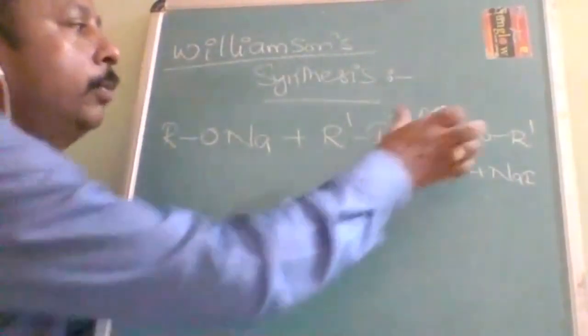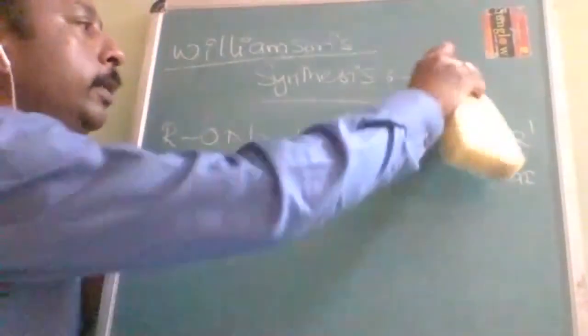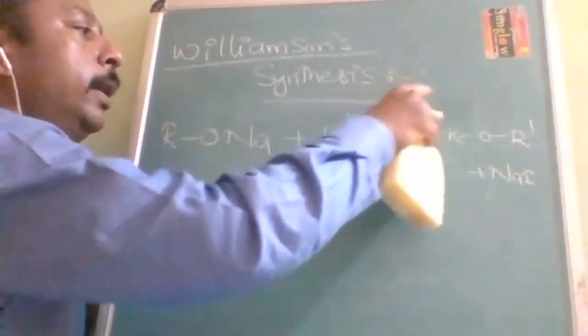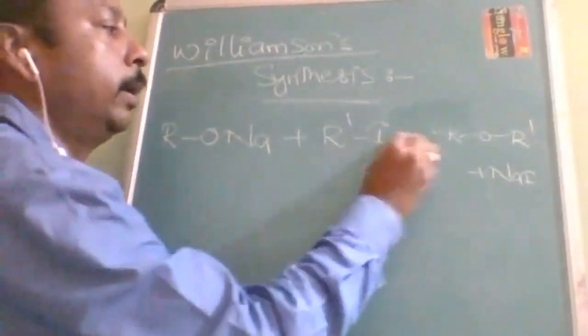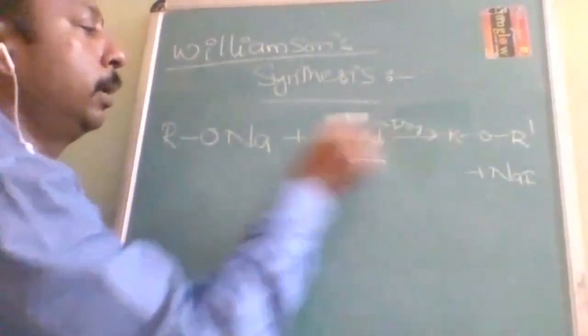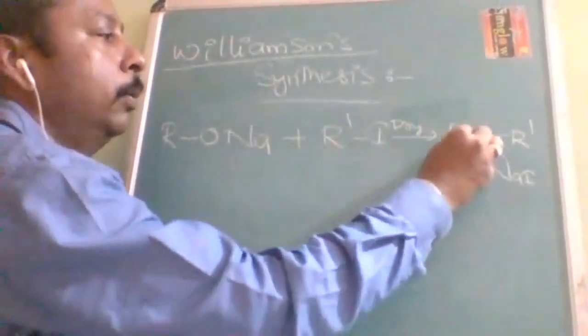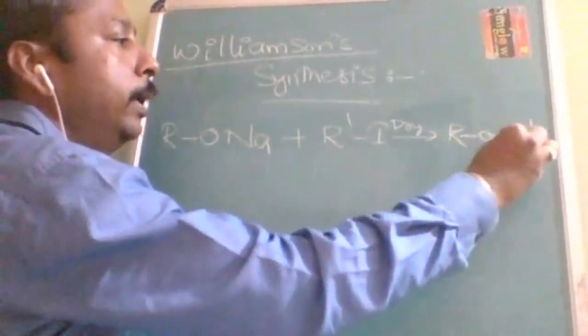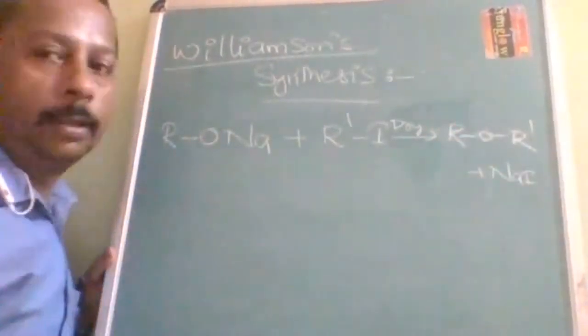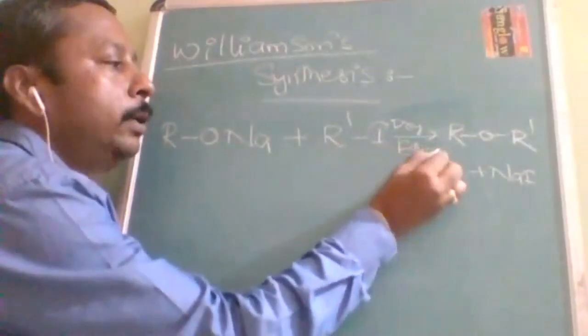And to avoid any further reaction with water, dry conditions are maintained. If I provide water, then water is going to react with them and this product may not be possible. So to avoid unnecessary disturbance from the water, dry solvent, dry ether is used.